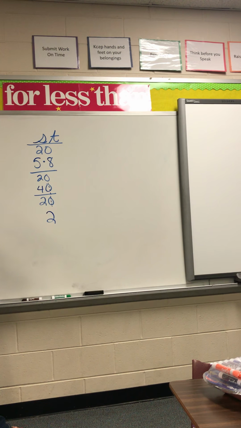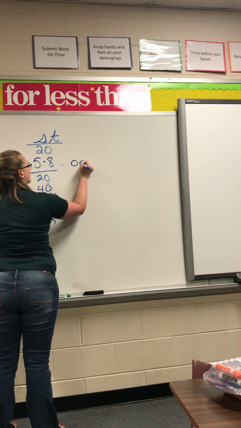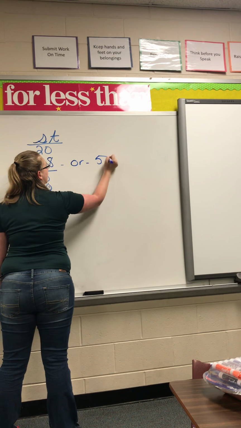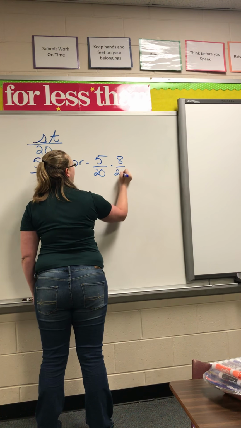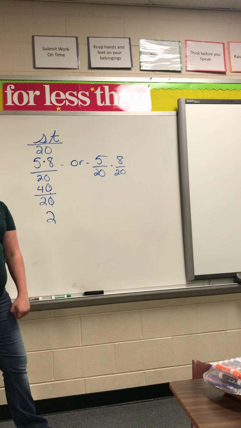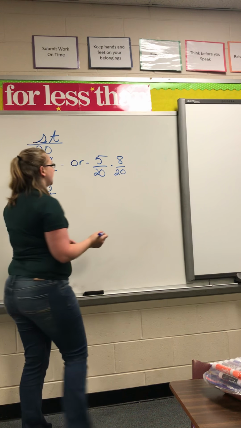Okay? The other way that we could do this, we could say 5 over 20 times 8 over 20. Okay? 5 times 8 is 40.